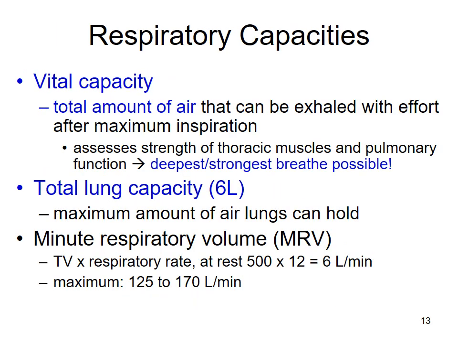Two other volumes that I definitely want us to discuss are vital capacity and total lung capacity. Both of these volumes are done through calculations once the respiratory technician is able to do some exercises with the patient. Vital capacity is basically the total amount of air that can be inhaled and exhaled with maximum effort. So it is your deepest breath possible, your strongest breath possible.